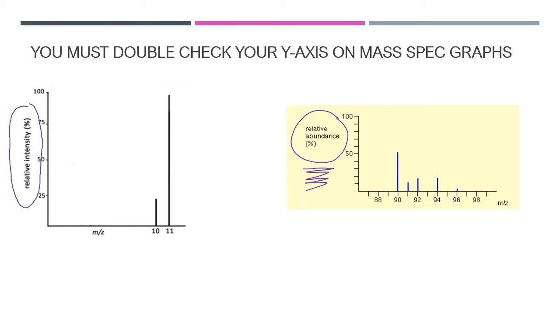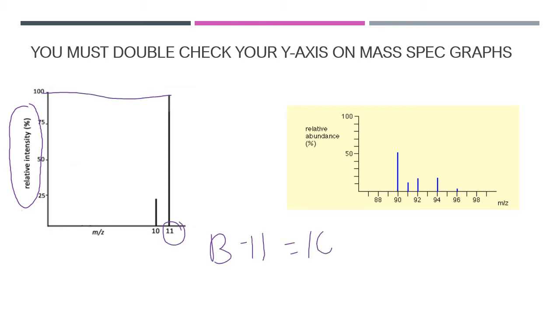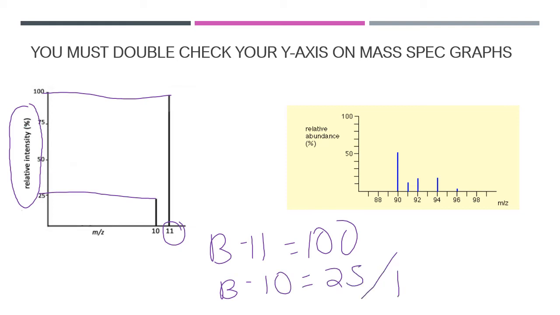I'm going to erase this. Now, something in your head should go off when you see this, because you should see that boron 11 is at 100, and then boron 10 is at 25. You can't have 125%. That's not how percents work. And so if you were to see relative intensity, the best way to do it is look at the graph, write down the numbers.